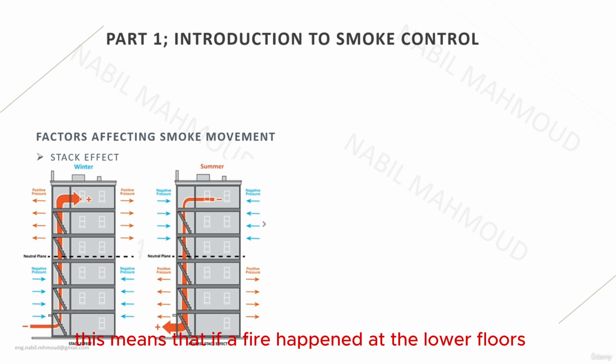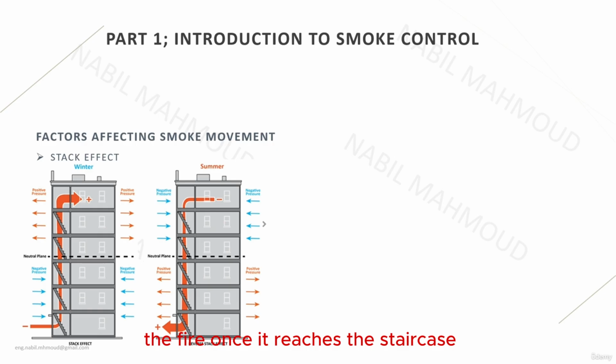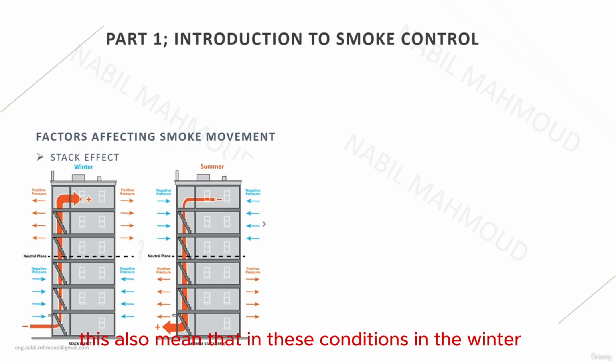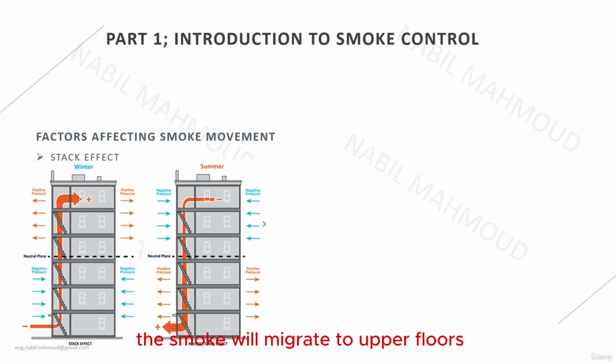This means that if a fire happened at the lower floors, once it reaches the staircase, it will be driven upward relatively fast due to the stack effect. This also means that in these conditions in the winter, the smoke will migrate to upper floors that are remote from the fire, and this is known as the stack effect, and it's usually a common phenomenon that happens in the winter.